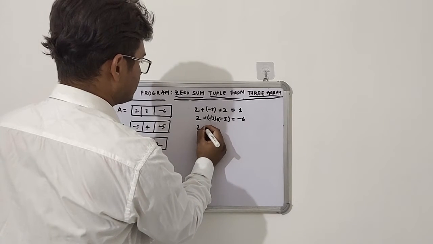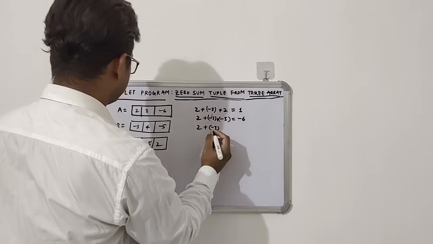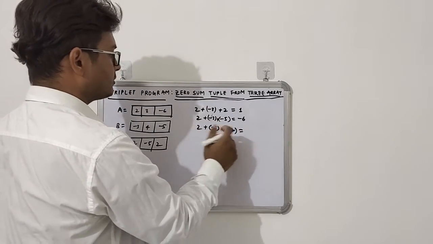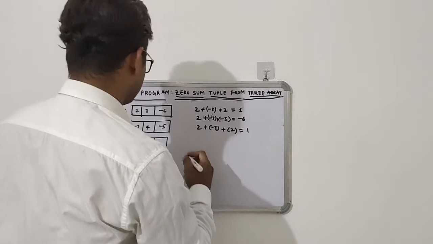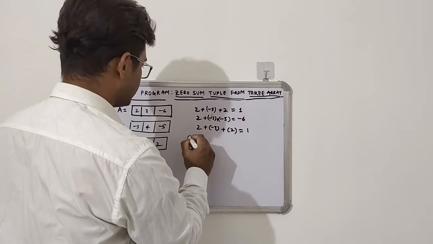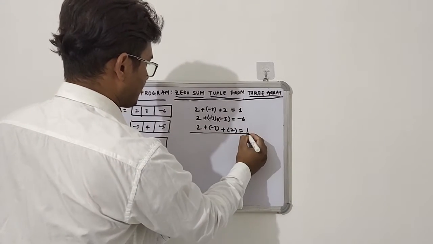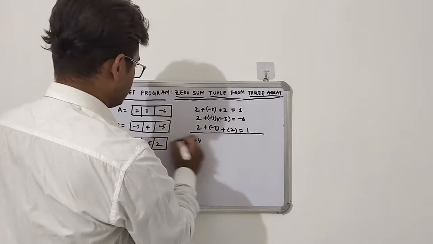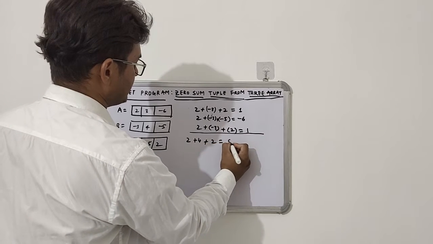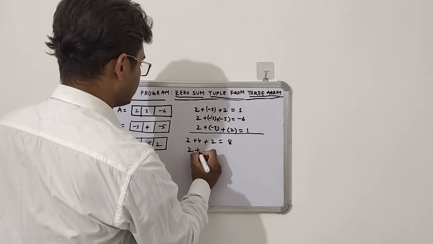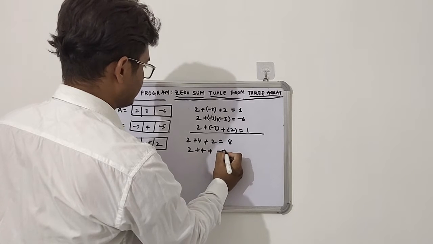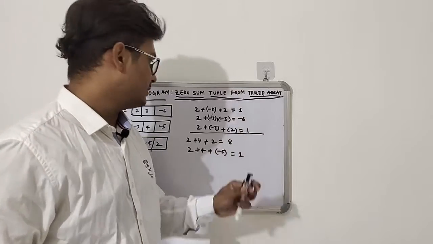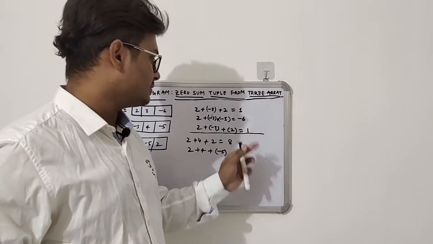Okay, now next 2 plus minus 3 plus 2, and 2 plus 4 minus 3, this will be 1. Now this first iteration is over. Now 2 plus 4 plus 2, this will be 8. Again 2 plus 4 plus minus 5, this will be 1. Please compute the sum by yourself.